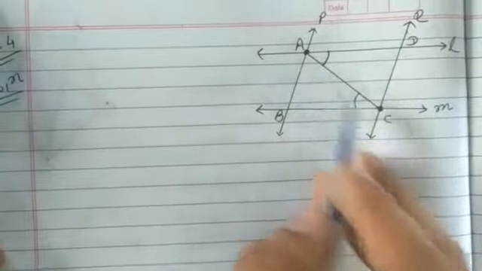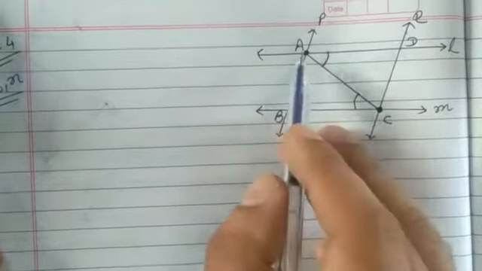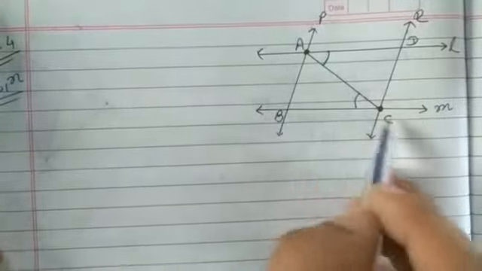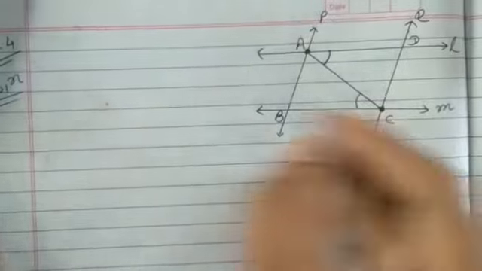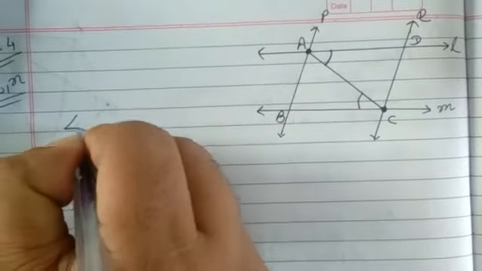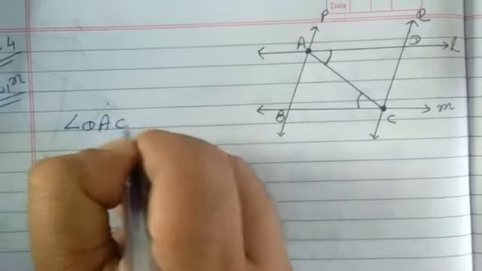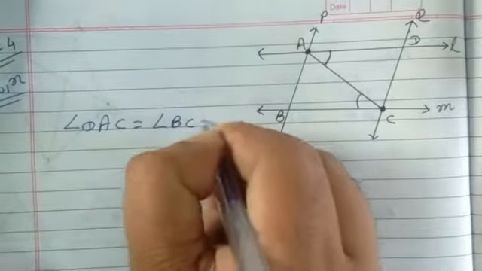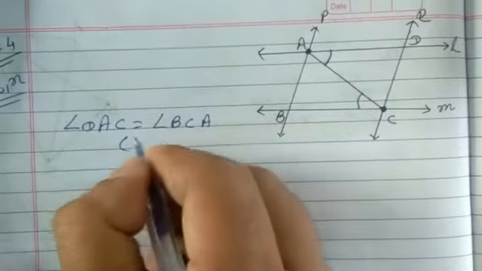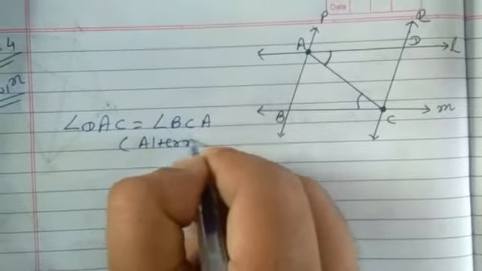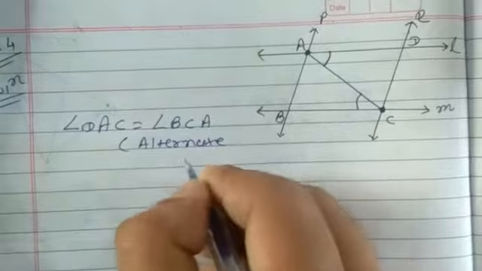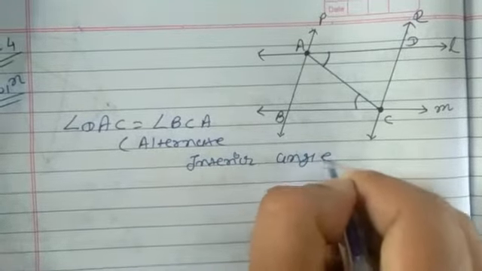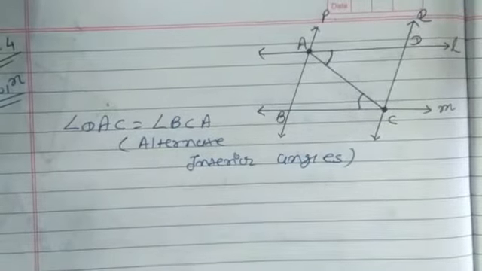We can say that DAC and ACB are both alternate interior angles. So write down angle DAC is equal to angle BCA. We can write the reason here: alternate interior angle.